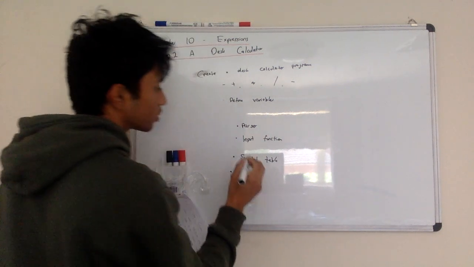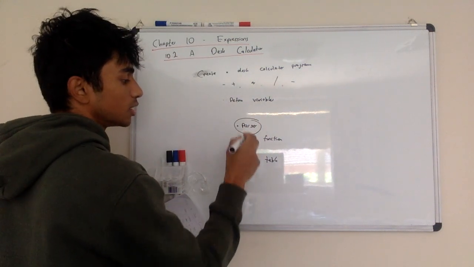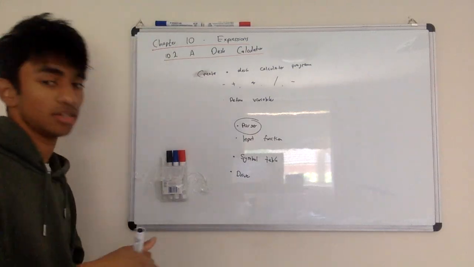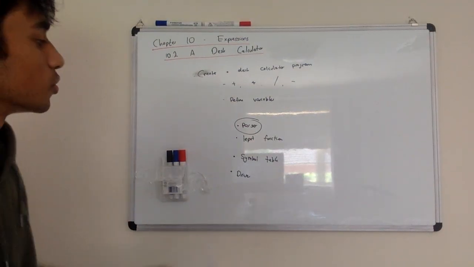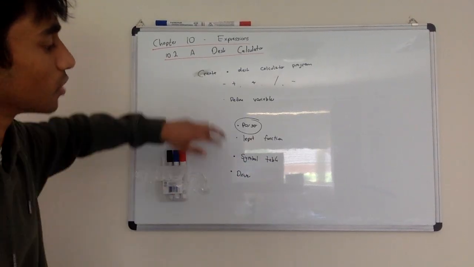The most important, I reckon, would be the parser. The parser is where we get to the meat of how we are able to read in characters and evaluate a value, so read an expression and evaluate a value. That's what the parser is going to be doing.